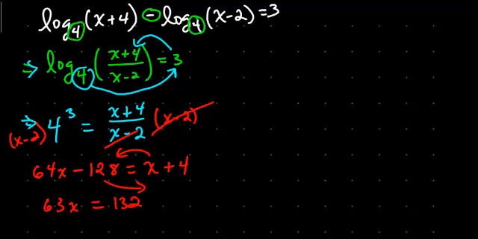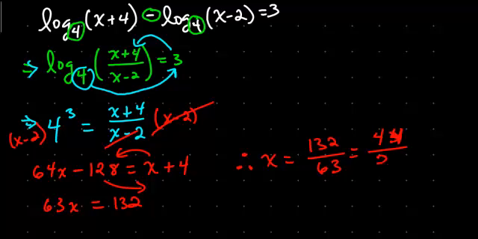And so therefore x equals 132 over 63. I don't think there's a simpler way to write that. Is there? Can I divide both by 3? 3 goes into 13 4 times, remainder 1, 44. So 44 over 21.